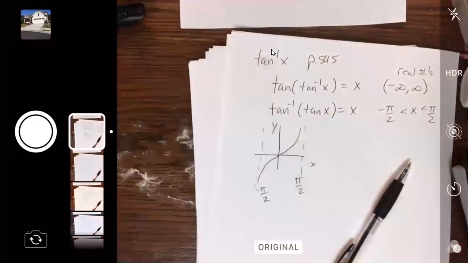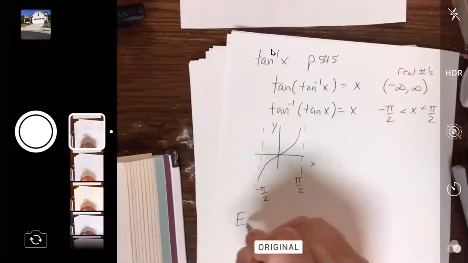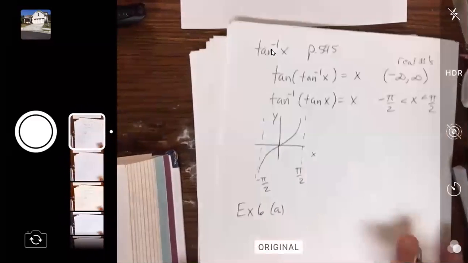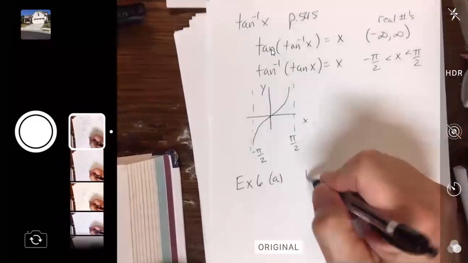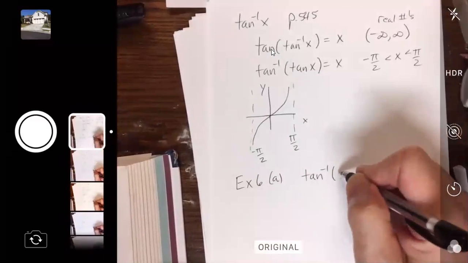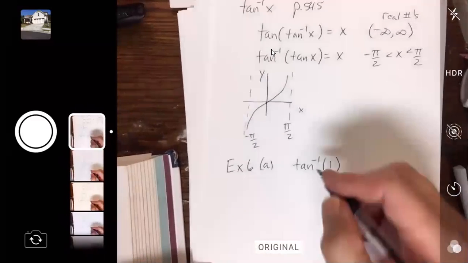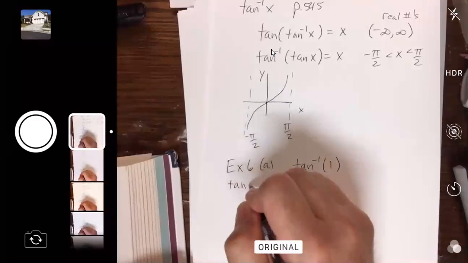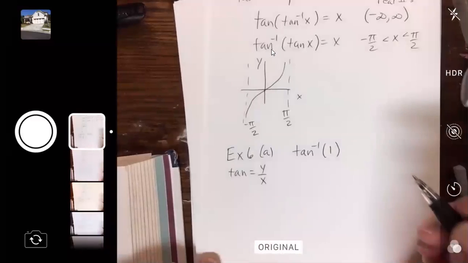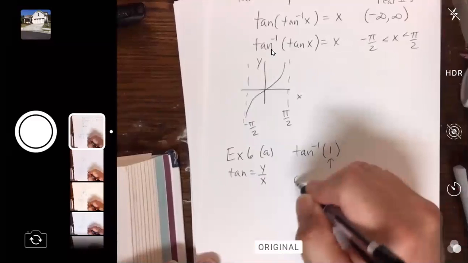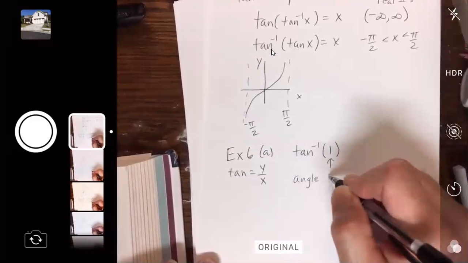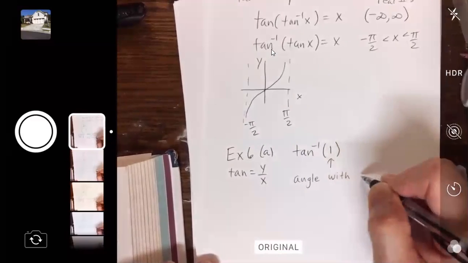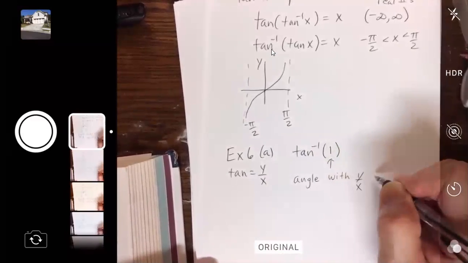So they give you something like example 6a. Arctangent of 1. Now remember, tangent is the ratio y over x. So you're looking for the angle with y to x ratio equal to 1.